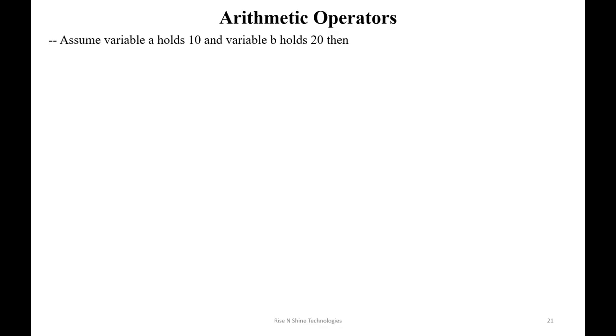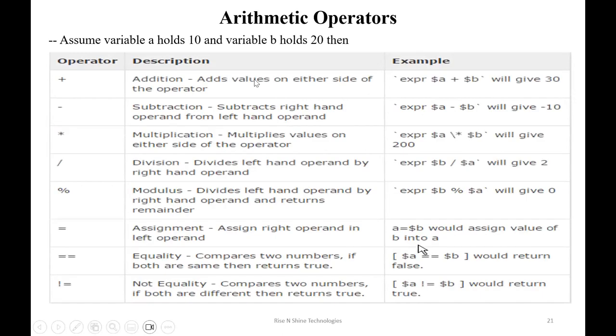Then the plus operator, this is the syntax notation, expr $A plus $B, minus, asterisk. But asterisk you should not give directly within the expression. You need to use the escape character, because normally asterisk is a wildcard character in Linux. So you need to use the backward slash. Then the division we are understanding. Then the modulus operator, which is going to return the remainder.